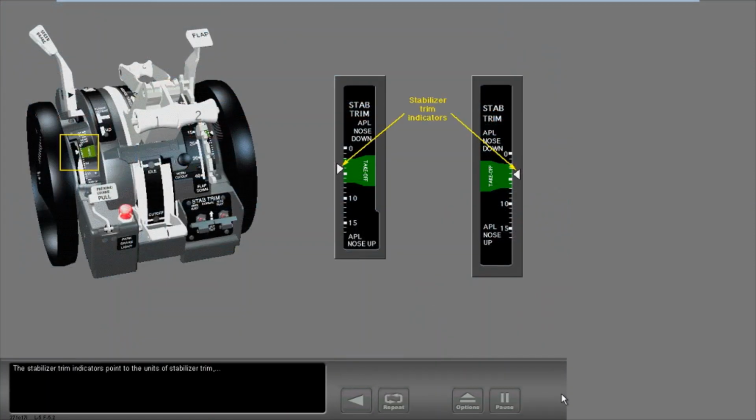The stabilizer trim indicators point to the units of stabilizer trim, and the green bands show the approved takeoff trim range. An intermittent horn sounds if you try to take off when the stabilizer trim is not in the takeoff range.